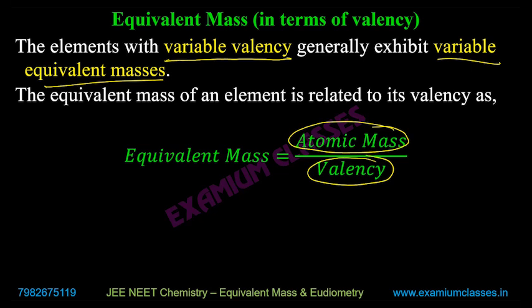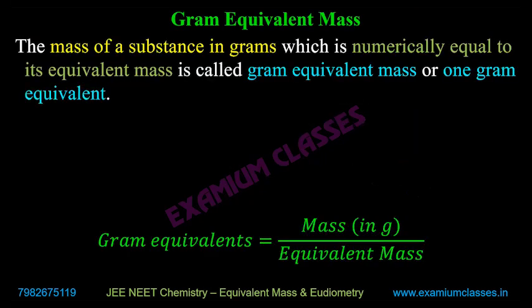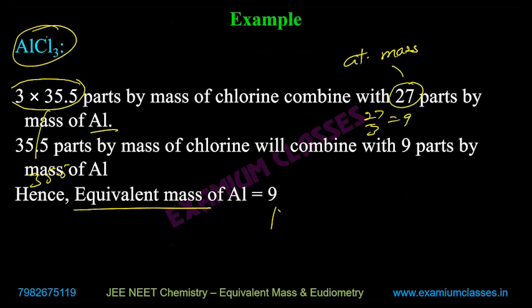Now I'm going back just to tell you that when we calculated the equivalent mass of AlCl3, aluminum always has valency 3, right? So that's why you applied this formula there, atomic mass divided by valency. The atomic mass of aluminum is 27, divided by its valency 3, you got 9.